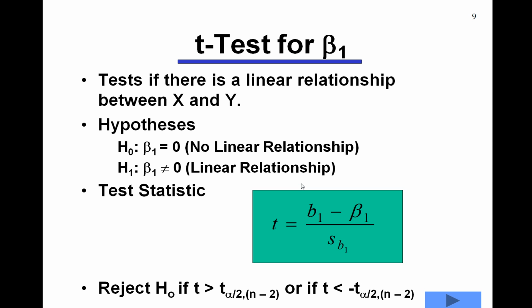And because we know that B1 minus beta 1 divided by the standard error of B1 has a t distribution with n minus 2 degrees of freedom, we can carry out a test of hypothesis. That is, we can construct a critical region associated with this two-tailed test, and if our test statistic's value is in that critical region, then we would reject H0 in favor of HA.